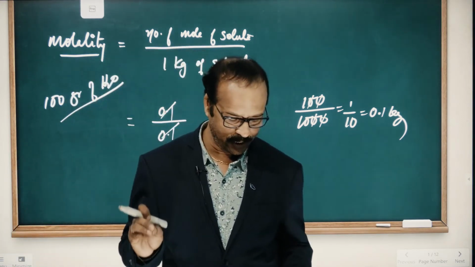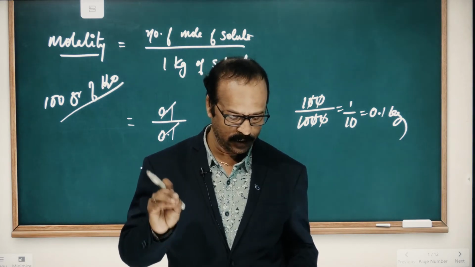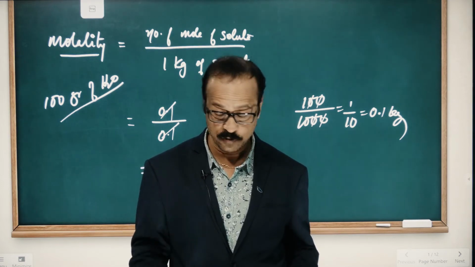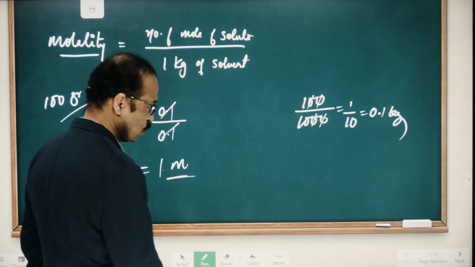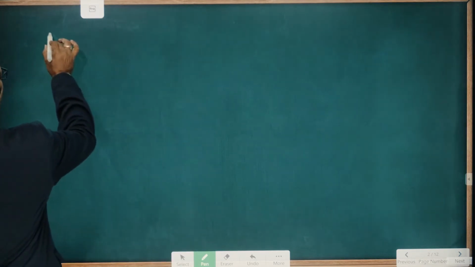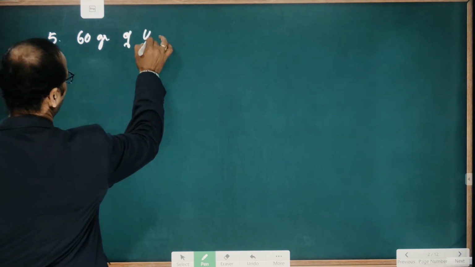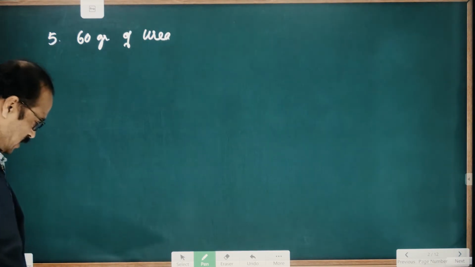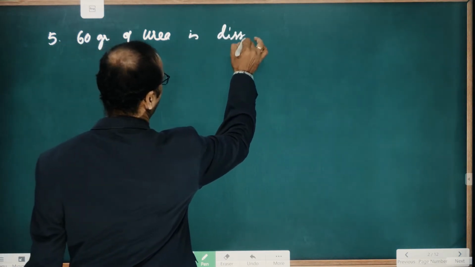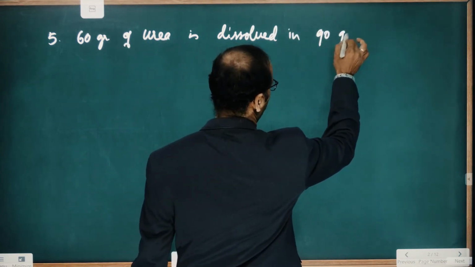60 grams of urea is dissolved in 90 grams of water. Then what is the mole fraction of solute? Okay, so let us see what is given here. Fifth question. 60 grams of urea, where it is dissolved in 90 grams of water.